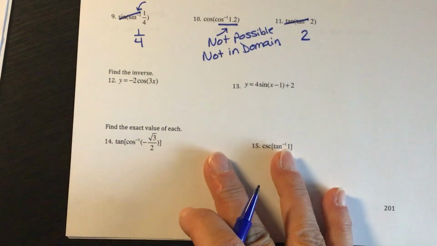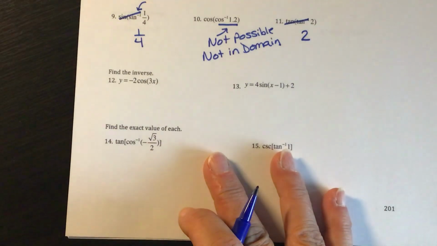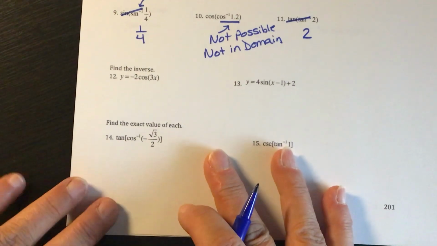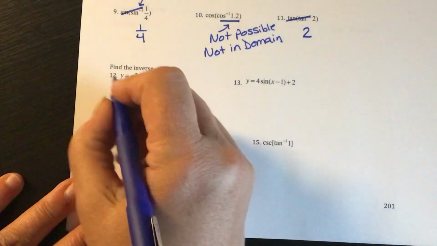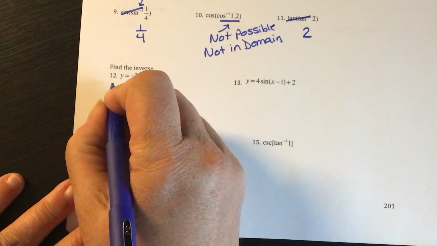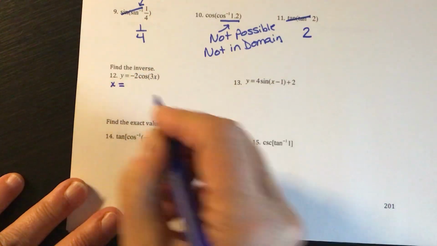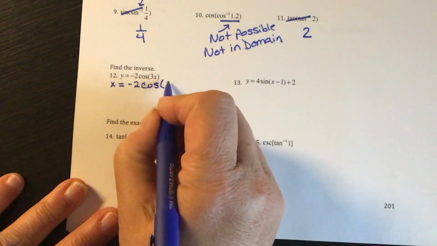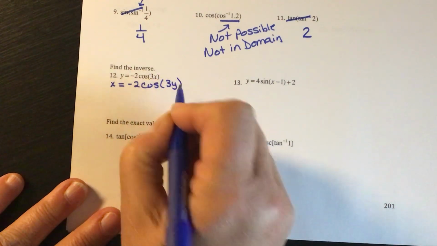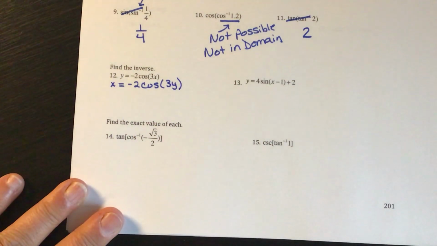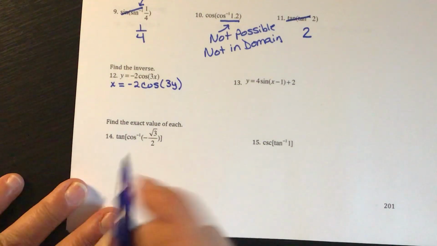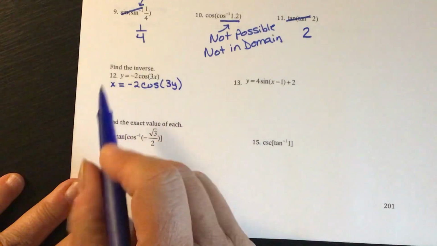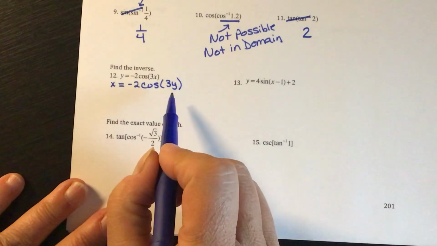Number 12 says to find the inverse. So in this case, I want to switch x and y. So y becomes x, and then I have -2 cosine of 3y. And now I want to solve for y. So I have to undo all of the things that are happening to y.